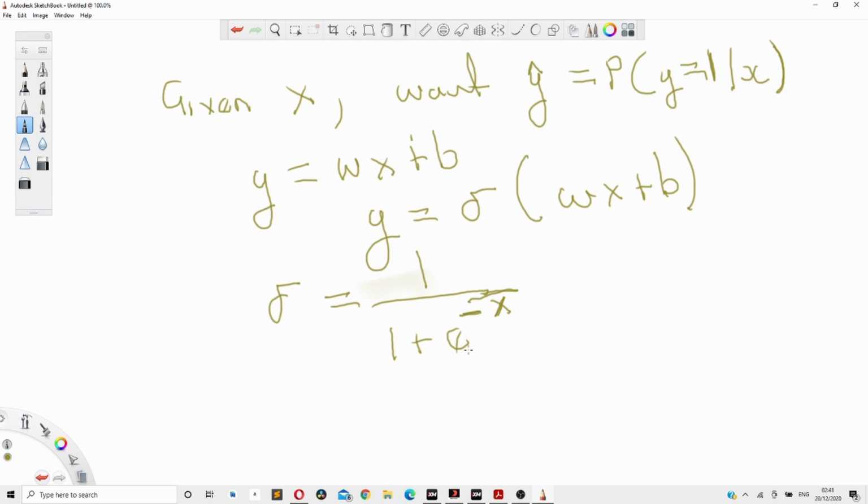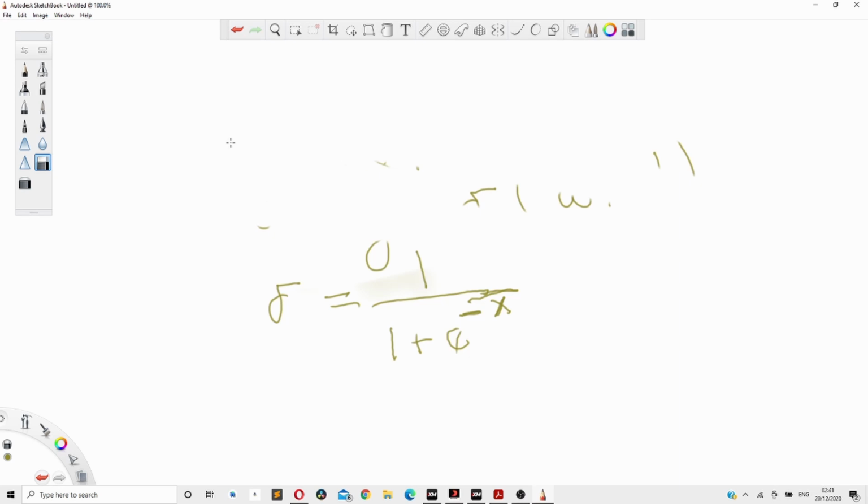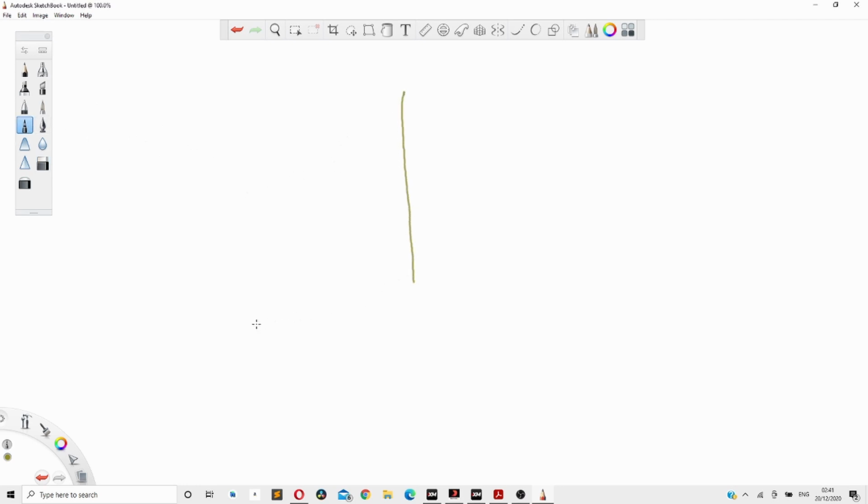If it's less than 0.5, it will classify y as 0. So let's see the sigmoid function. Here we have y, and here we have x.